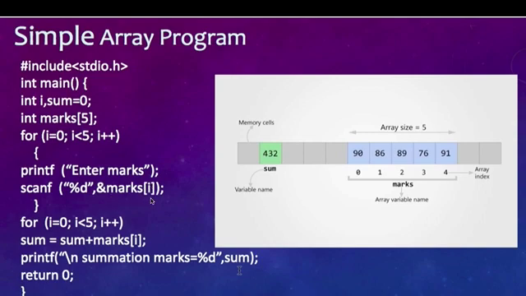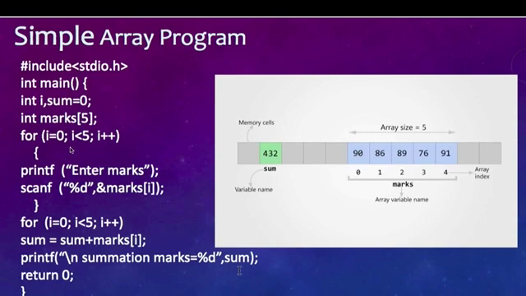Here a particular location can be accessed using its subscript or index, so that we can access that location using ampersand marks of I. And the index values range from 0 to 4. In order to access all these, we can use a for loop so that it will be easier, right? So for I is equal to 0, I less than 5, I plus plus.